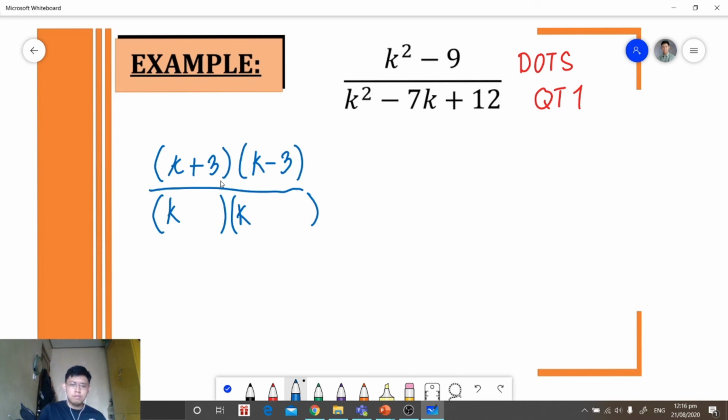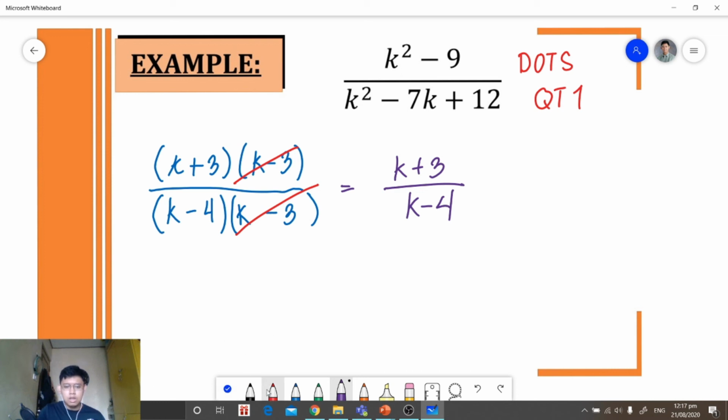So it will be negative 4 and negative 3. Second step is apply cancellation. So cancel the common factor that is present in our numerator and denominator. Okay, so this is equal to k plus 3 all over k minus 4. And this will be our final answer.